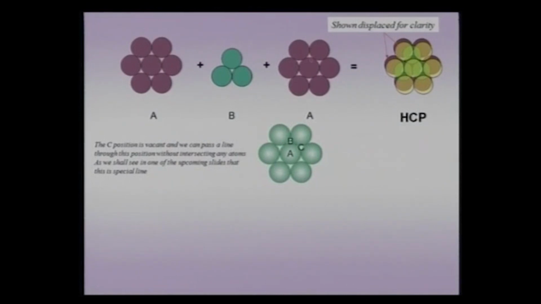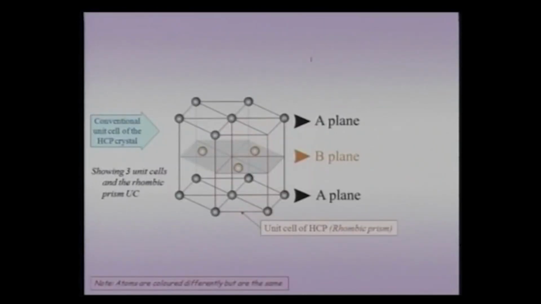That means, if you were to pass a ray of light through the C layer, it will completely pass through. And this vacant position, which is a C layer, as we shall see, is important from the point of view of why this hexagonal close packed crystal is called a hexagonal close packed crystal.